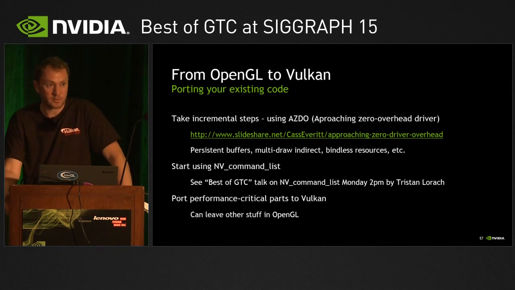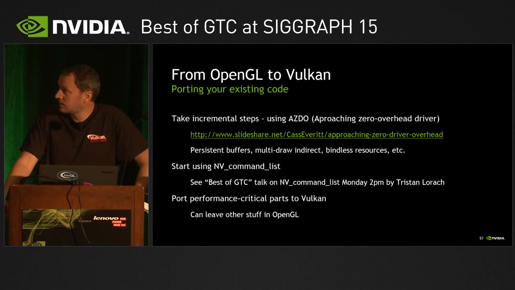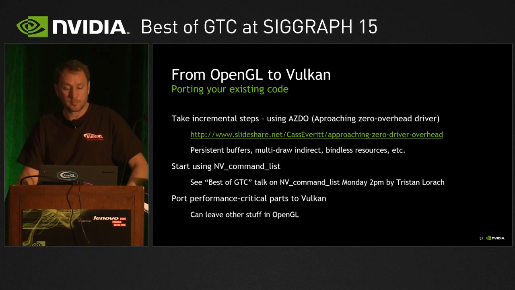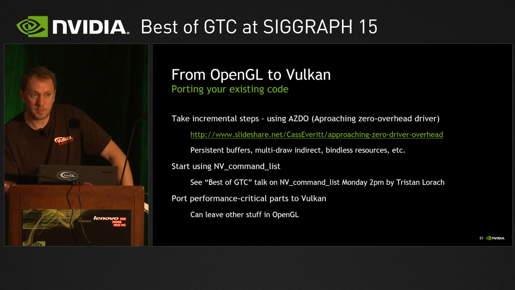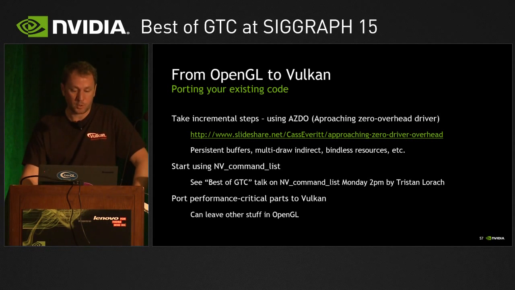For example, you can convert your application to use AZDO techniques, as presented there. This is something presented a couple of years ago. You can start using NV command list, which is kind of Vulkan-like, in that you create command lists and you execute them on the GPU. And then finally, the performance-critical parts of the API, you can actually just port over to Vulkan.